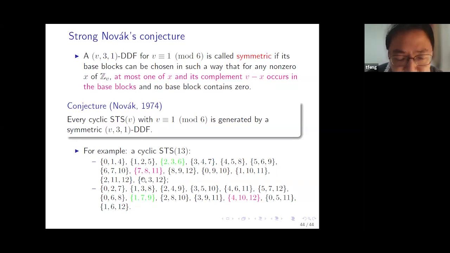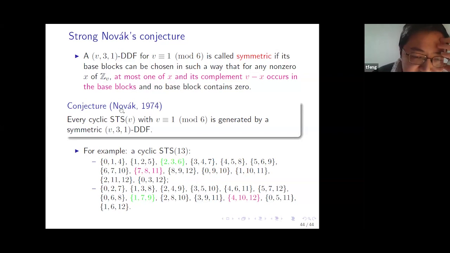But if we change to another two base blocks, the blue one and the red one, 7, 8, 11 and 4, 10, 5, they are disjoint, and the negatives, minus 7, minus 8, minus 11, minus 4, minus 10, minus 5, are also disjoint from each other.